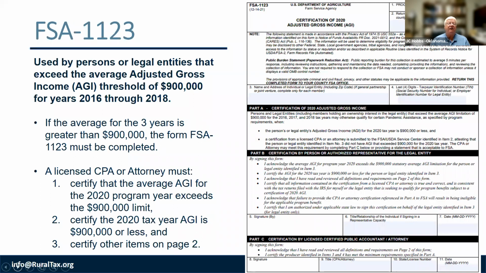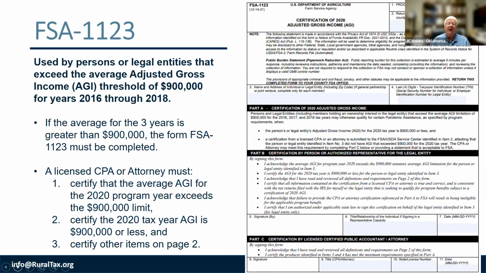Basically, it's used by persons or entities that exceed the average adjusted gross income threshold of $900,000. That's the average, $900,000 for tax years 2016 through 2018.